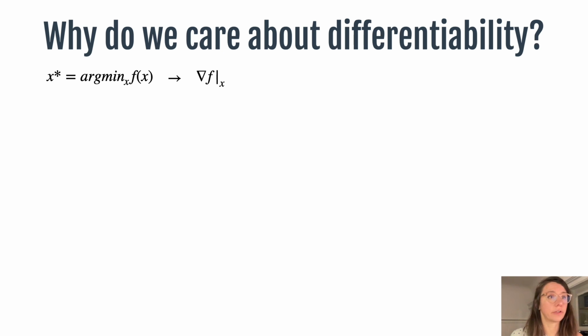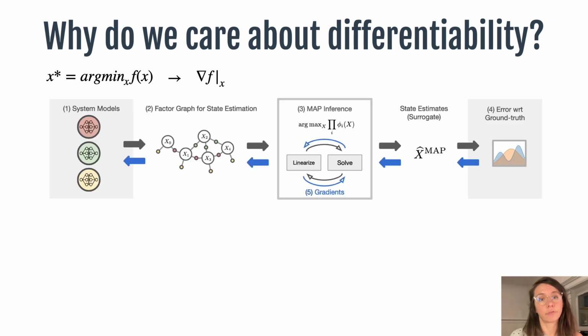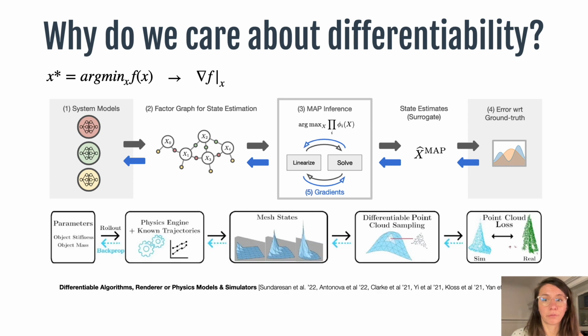Parts of this function may have analytical gradients, and this can come from estimation algorithms, or this can be a renderer to go from 3D scenes to an RGB image or a point cloud, or this can be a dynamics model implemented in a simulator. So having full differentiability lets us basically invert the underlying process and relate changes in the output of this function to changes in the input.